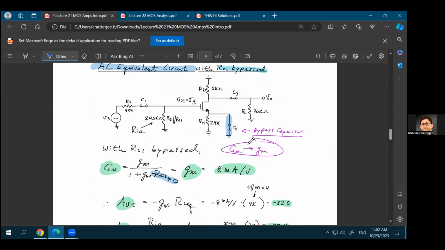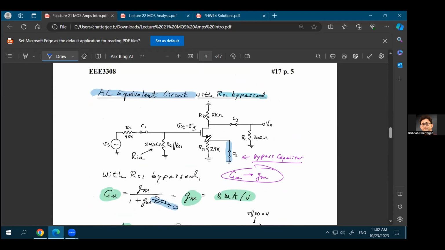On the other hand, in the previous case, what you had is this same source resistance, but now let's also put in a bypass capacitance. So let's analyze the same circuit with a bypass capacitance. What that will mean is that you'll not get the degeneration in the GM, you'll not get the degeneration in the gain.